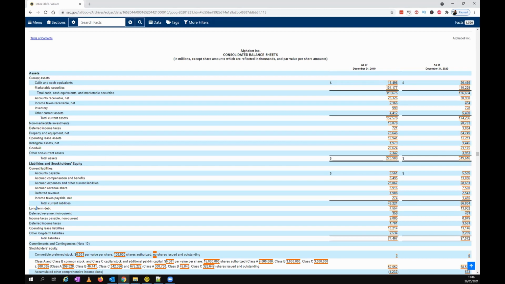Starting with current assets, we have the items sorted in order of which can be converted into cash first. For example, cash itself, right? So that is at the top. And then we have short-term investments, which are marketable securities. That becomes your second item. Next, we have accounts receivable. Accounts receivable means the money that is owed to us by the customer.